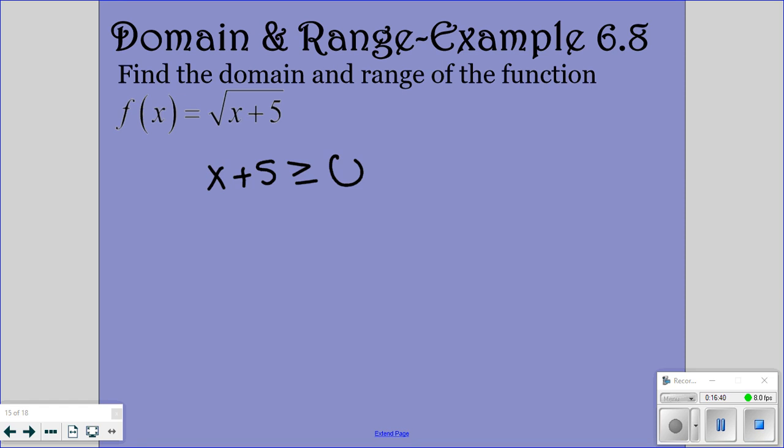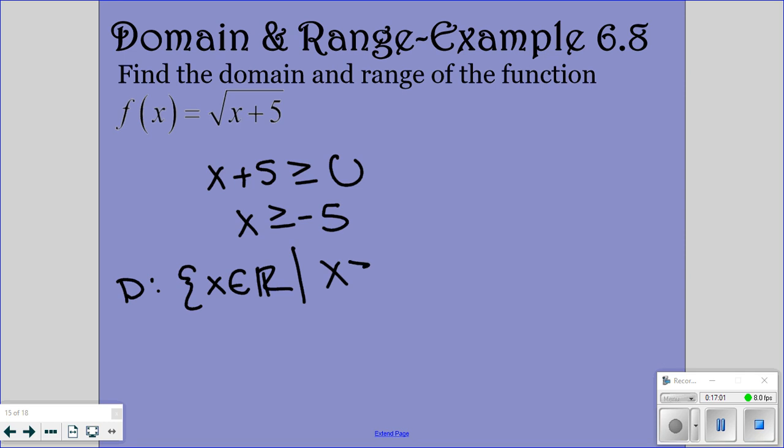We can't do the square root of anything less than 0. If you solve this, it means that x has to be greater than or equal to -5. So for your domain, I just write D instead of writing out domain. x is an element of the reals such that x is greater than or equal to -5. And that's how you would write your domain for this function.